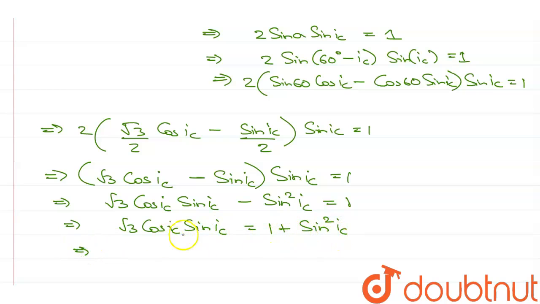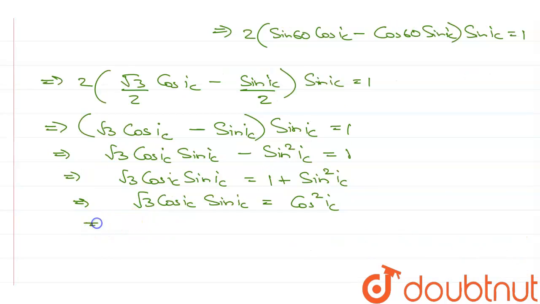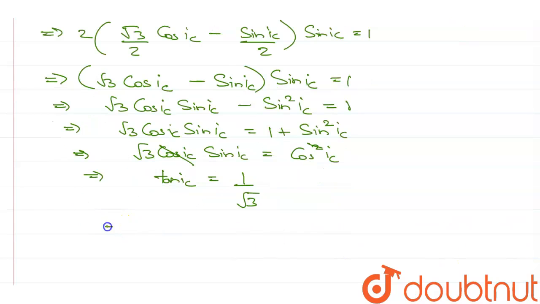Now 1 plus sine square IC will be cos square IC. So root 3 cos IC sine IC is equal to cos squared IC. Cos and cos get cancelled, which means tan IC is equal to 1 by root 3, which means IC is equal to 30 degrees.